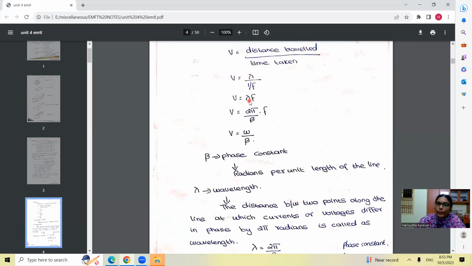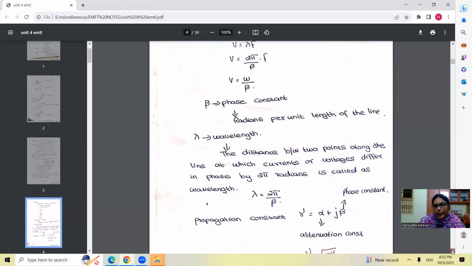This lambda can be written as 2 pi by beta, and the 2 pi comes from the definition of wavelength, the phase difference of 2 pi radians. Therefore 2 pi f is omega, the angular frequency, and the velocity can be written as omega by beta, where beta is the phase constant, which is the radians per unit length of the line.